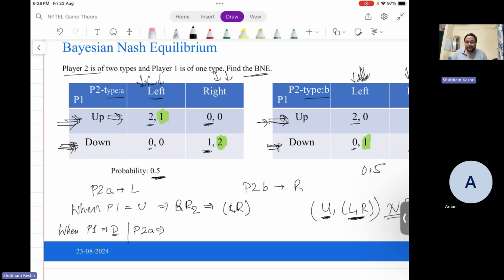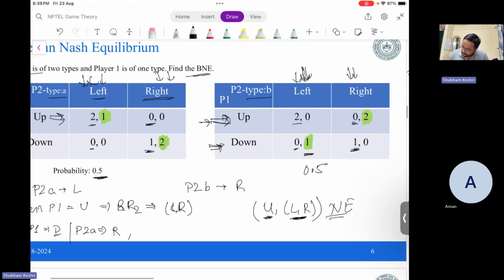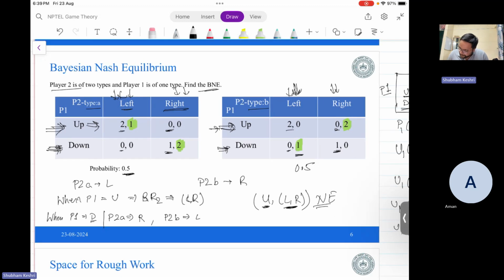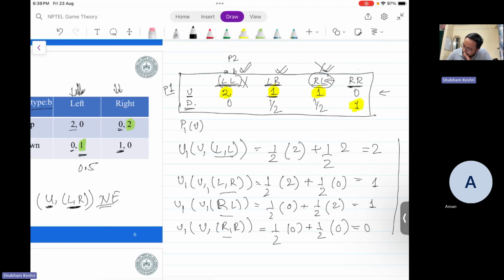You see, player 1 is playing D, the best response of player 2A is to play R. And when player 1 is playing down, the best response of player 2B is to play L. Therefore, this R, R, when player 1 is playing down, is not a Nash equilibrium.